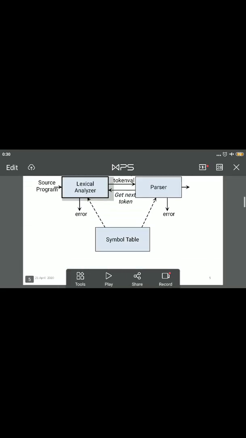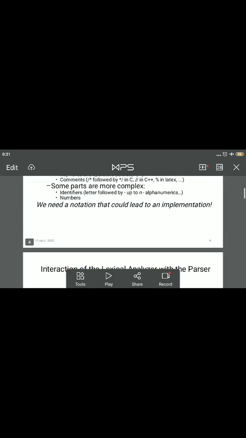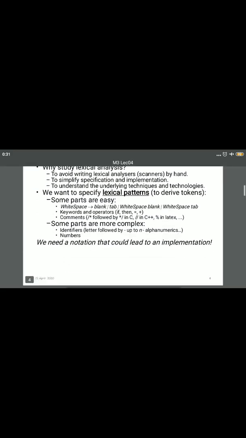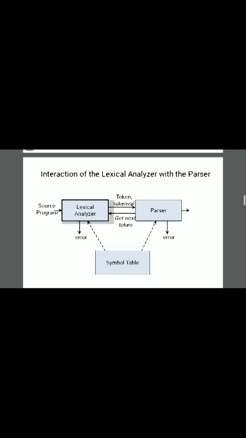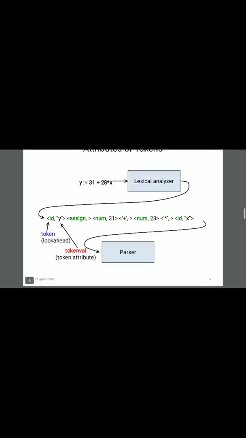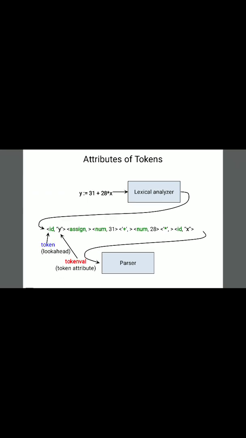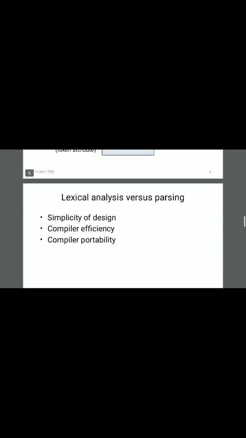So in this session, I have explained what lexical analysis is, why it is done, and how the lexer and parser communicate internally. Then why the attributes are very essential, because if you recognize tokens without an attribute, it's very difficult for a parser to apply rules on those tokens. Then we saw lexical analysis versus parsing.